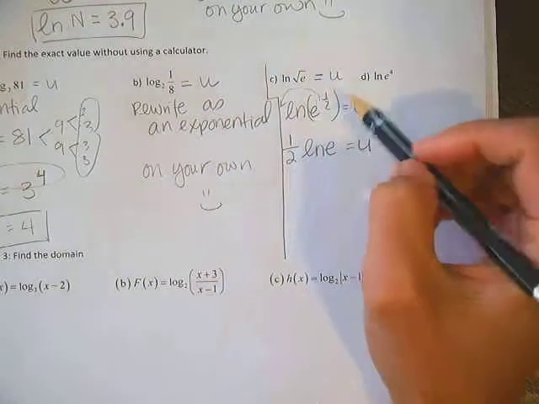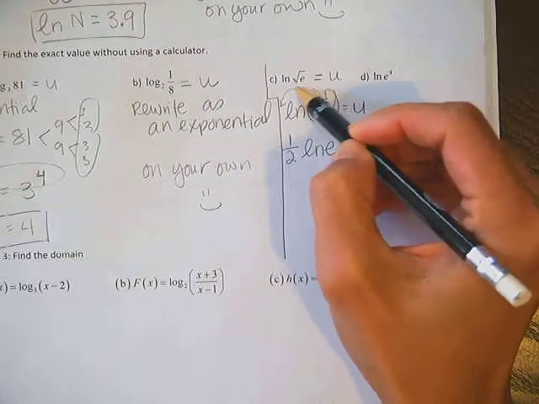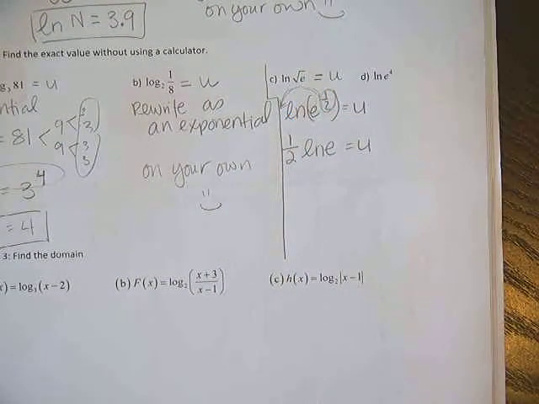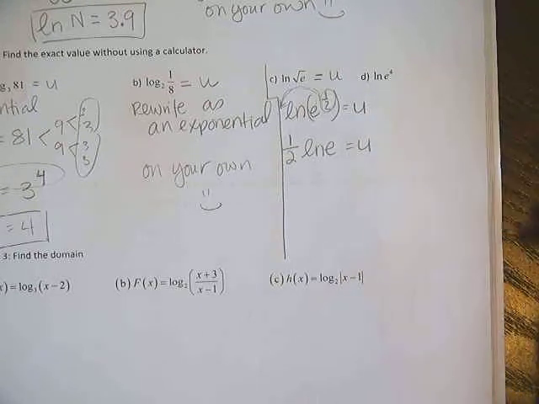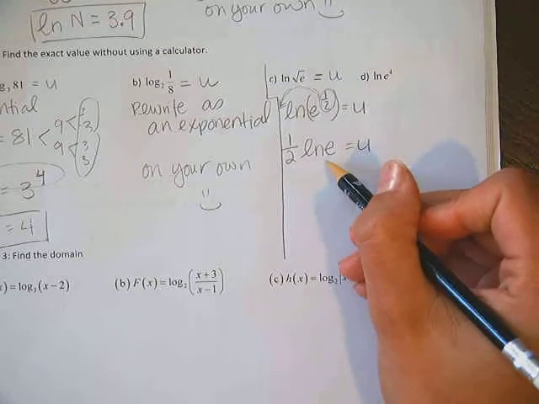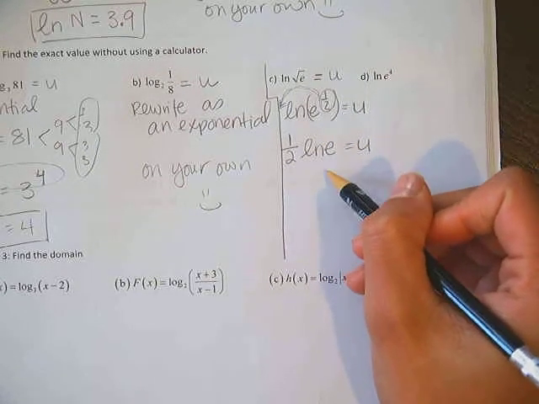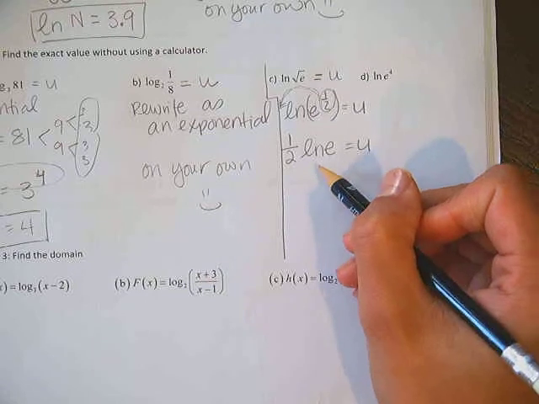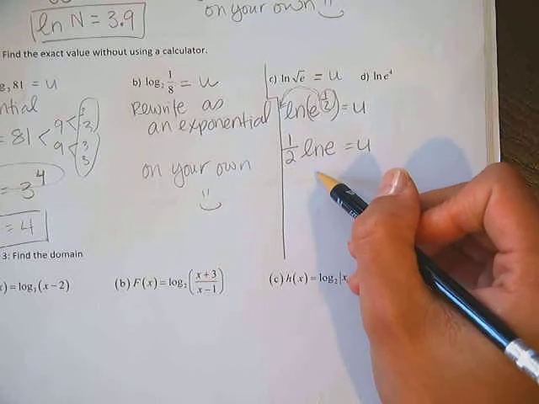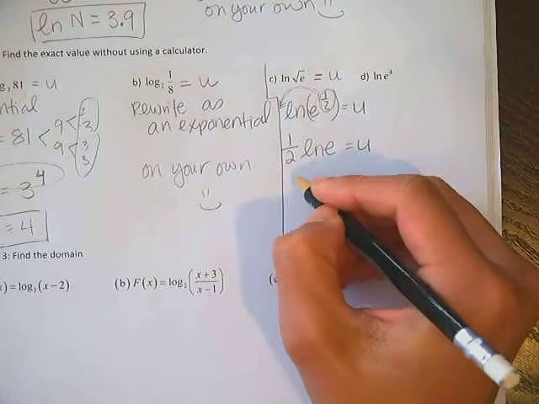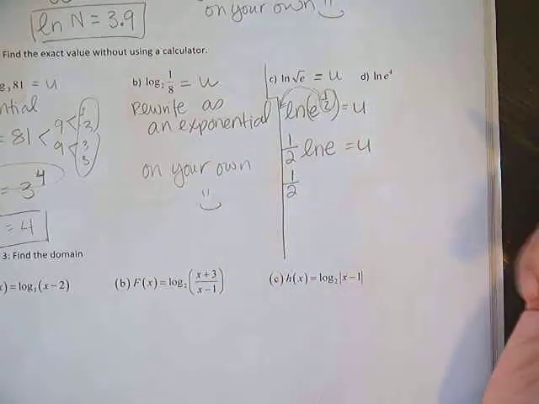Again, exponent becomes a multiplication problem. Now I'm going to prove to you why the answer is the way it is. ln of e is really unique and really special. ln of e is always 1, and here's why.